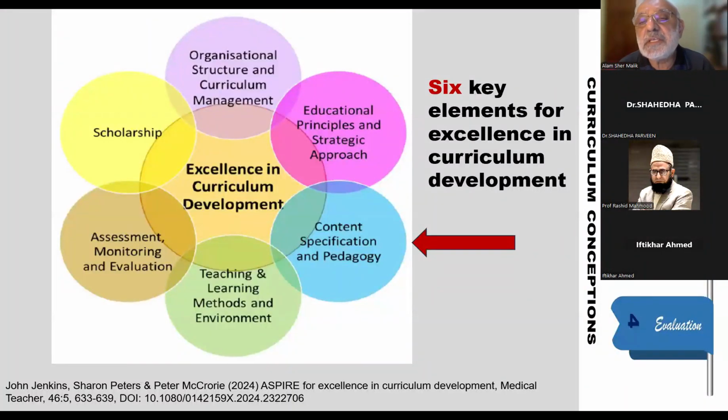There are 6 key elements which contribute to the excellence of curriculum development, namely: educational principles and strategic approach; number 2, content specification and pedagogy; teaching and learning methods and environment; assessment, monitoring and evaluation; academic practices and scholarship; and finally, organizational structure and curriculum management.